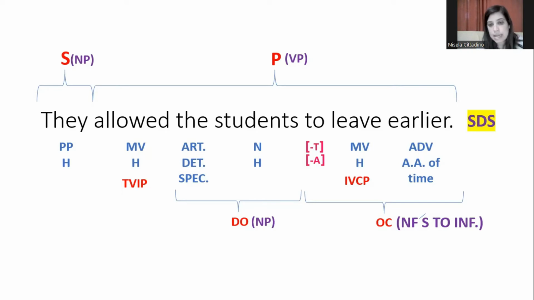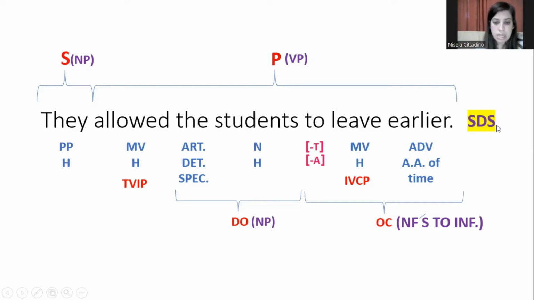So this is what we call an adverbial adjunct of time. Adverbial because it's next to the verb. Adjunct because it's optional. Of time because it refers to a specific time. They allowed the students to leave earlier, sooner than it was expected. Yes, that's the answer. Okay. And this is a simple declarative sentence.